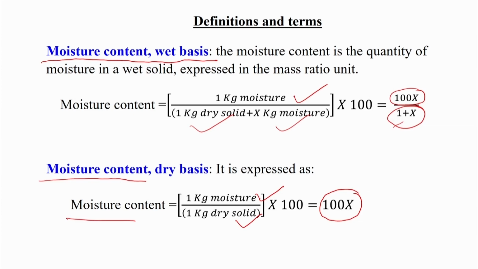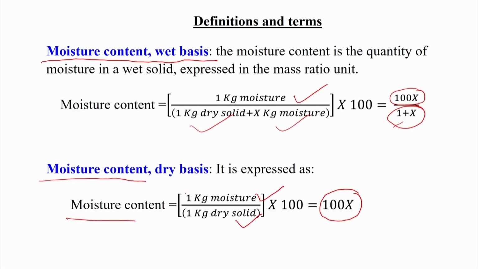Whenever the drying process takes place in a wet solid, the moisture content expressed on dry basis will remain constant, because for 1 kg dry solid, how much moisture is there?